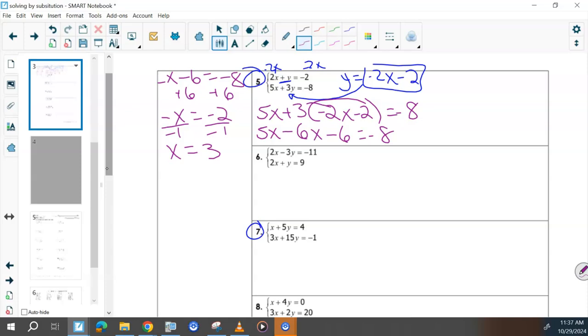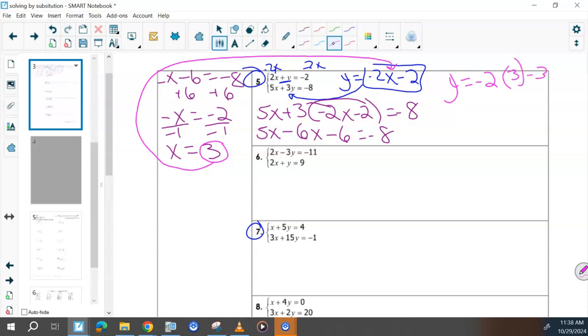Okay. And then take that x and put it back into y. So again, you have choices. You can put it into either of the originals, but since we have that y equals, I'm going to put that in there. I'm going to draw an arrow. So that I'm going to rewrite this equation, y equals negative 2, put this x in, 2. Oh, thank you.